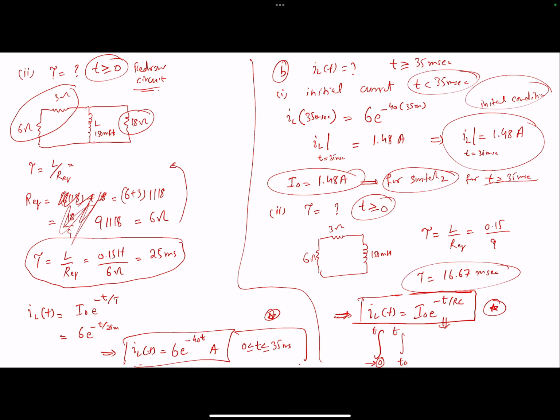For example, this equation will become IL of t equals I naught e raised to power minus (t minus t naught) over RC. You can go back and see that this is the subtraction factor that was initially being neglected because we were assuming t naught to be equal to 0. That was the switching time. So essentially, I now have to put both of these values in this new equation of the inductor current, where I have t minus t naught.